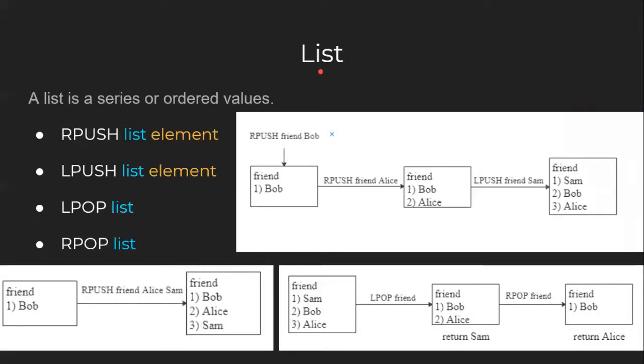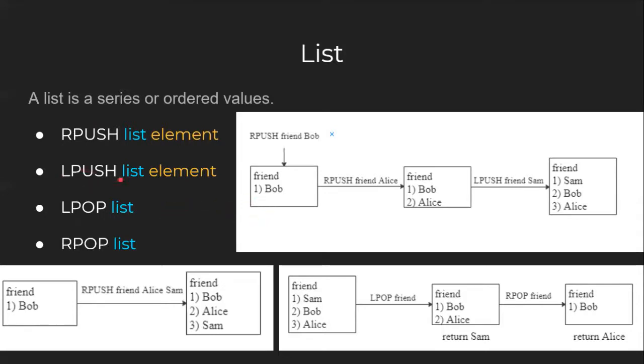A list is a series of ordered values. You have push and pop commands like a stack. The right push, left push, and right pop will interact with the end of the list. Right push will push the element to the end, and right pop will pop the end element out.